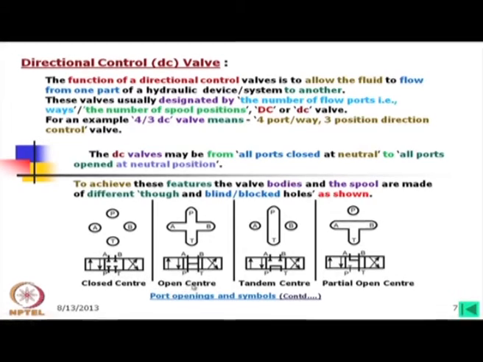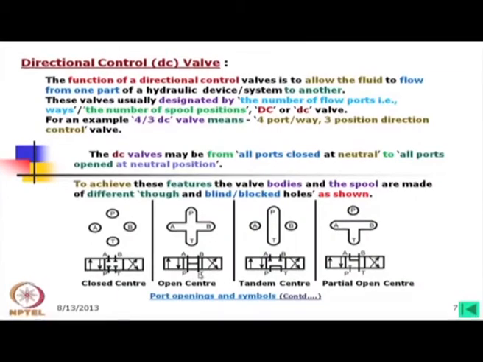On the other hand, open center is the most energy saving, as all the energy is not being lost when it is in idle conditions. So, if there is frequent operation, probably we will go for closed center, and if the operation is not very frequent, we can go for open center. Tandem center is in between these two, and in many cases the tandem center is used. Partial open center may be a special case.